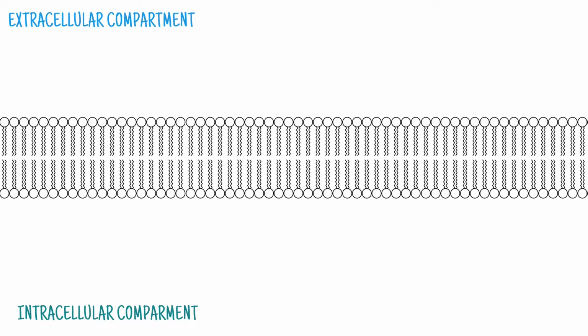In the extracellular compartment, there's a lot of chloride anions and calcium and sodium cations. On the contrary, inside the cell, there's a lot of potassium cations and negatively charged proteins and amino acids.